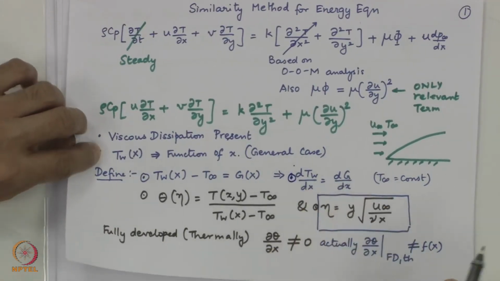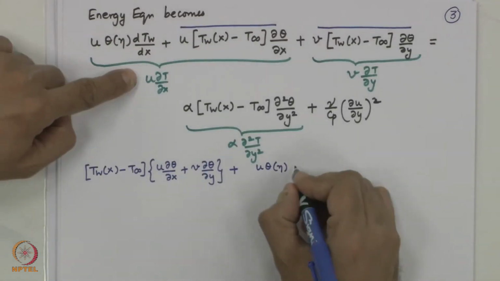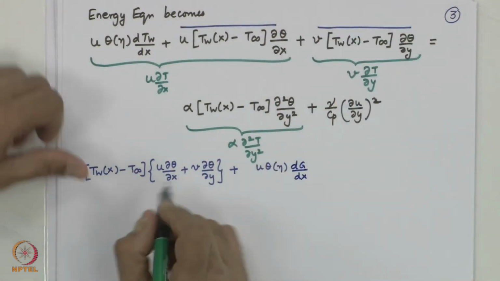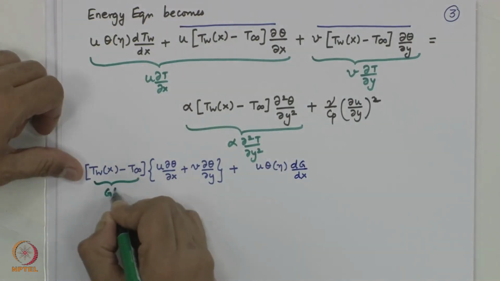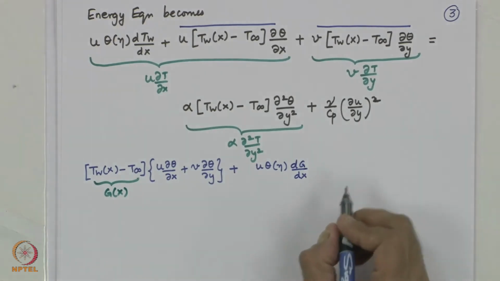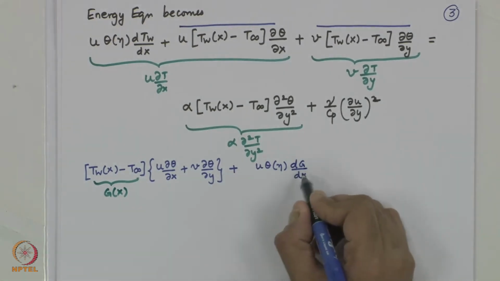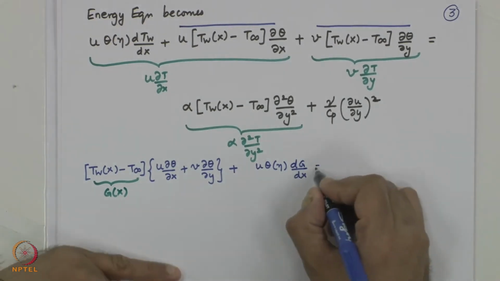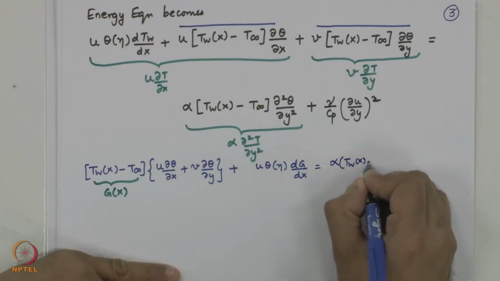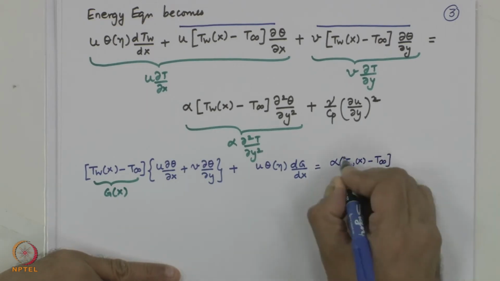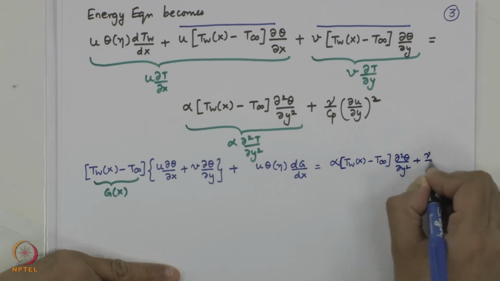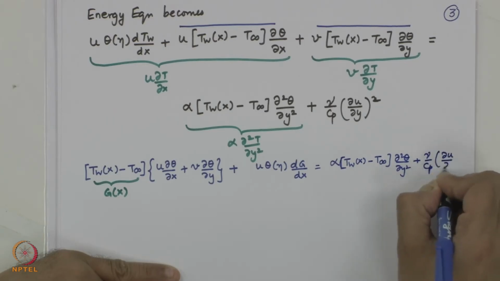So dTw/dx is nothing but dg/dx. This is nothing but g of x. So we'll substitute that also. So u theta eta dg/dx is equal to alpha (Tw(x) minus T infinity) d squared theta/dy squared plus nu over Cp (du/dy) whole square.